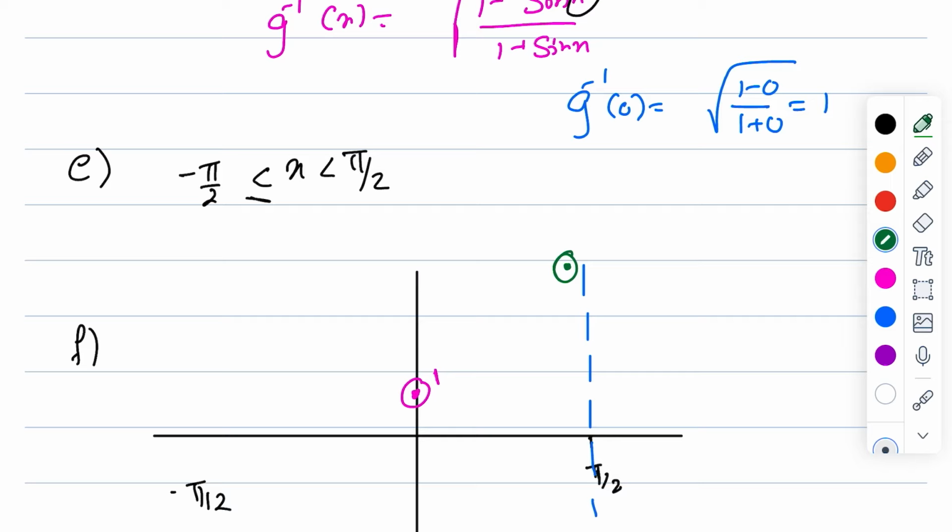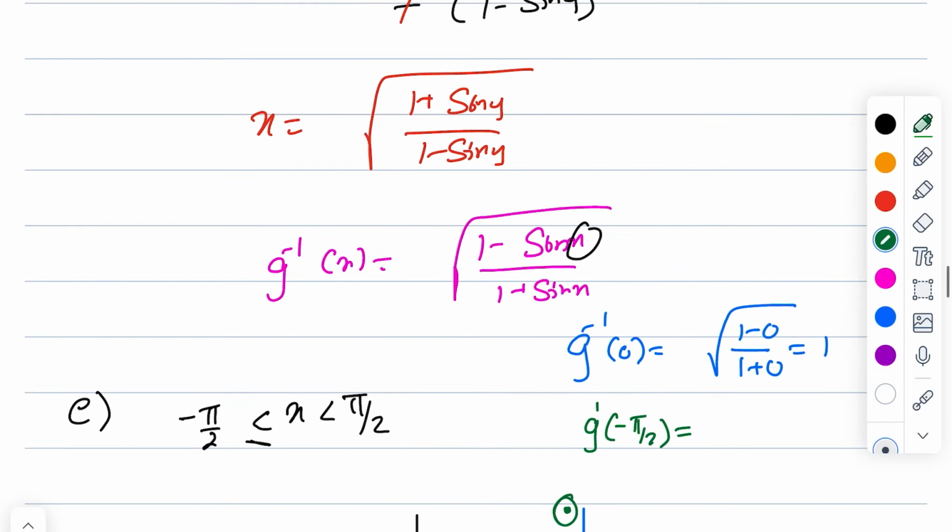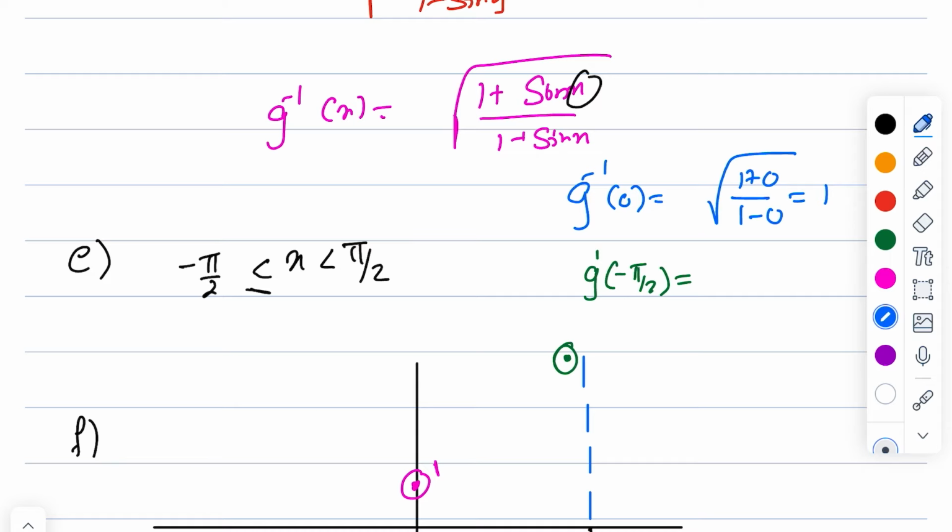And if I plug in negative pi by 2 into g inverse, it will become 0 over there. Let me make a correction over here. If I do negative pi by 2, it becomes square root of (1 minus 1) divided by (1 plus 1), which is 0.